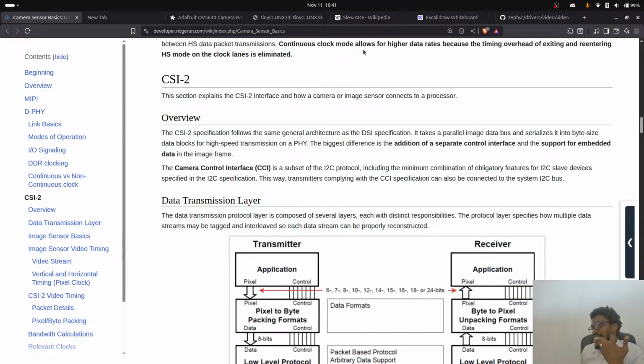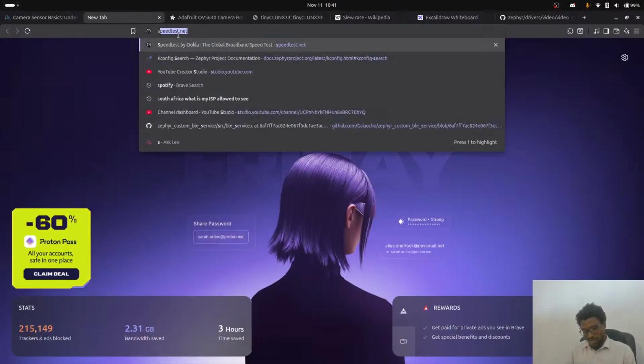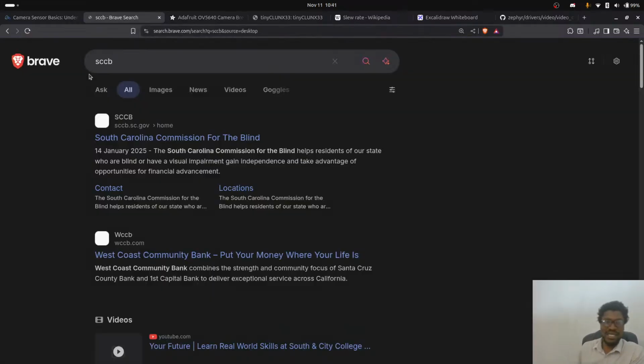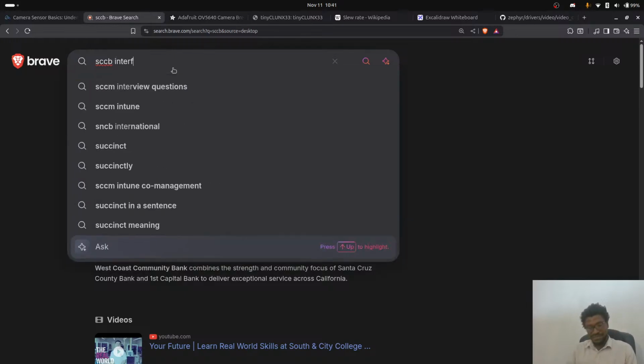It's basically a subset of the I2C protocol, which also depends on another subset of the I2C protocol called the SCB interface.